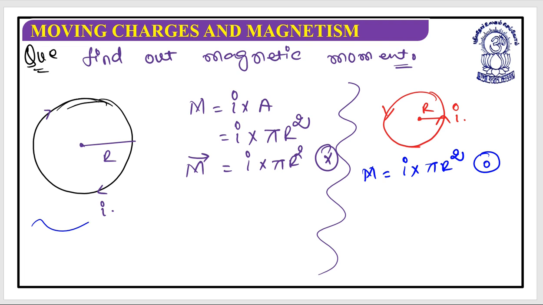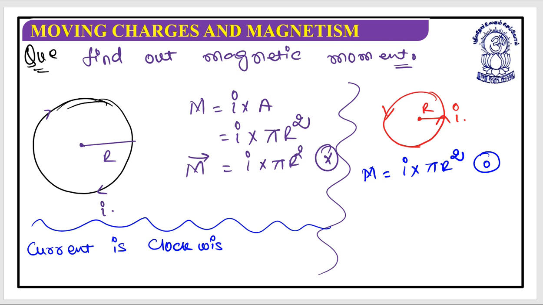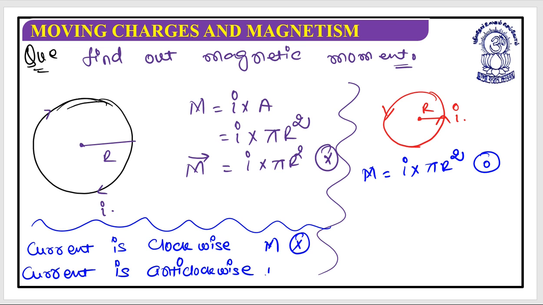So as a shortcut, what we can understand is that if current is clockwise, then magnetic moment is inside the plane, and if current is in the anti-clockwise direction, the magnetic moment is outside the plane.